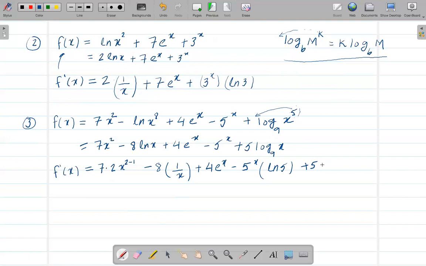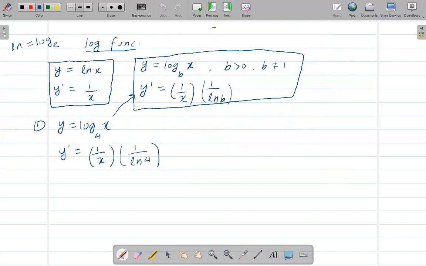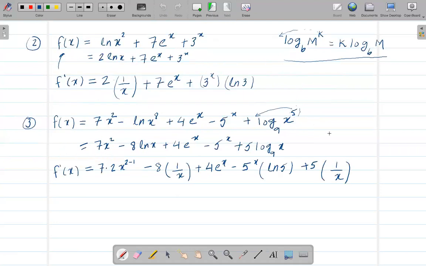First, it will be 1 over x, right? I'm using this formula right here. So 1 over x times 1 over natural log of whatever the base is, 9, right?